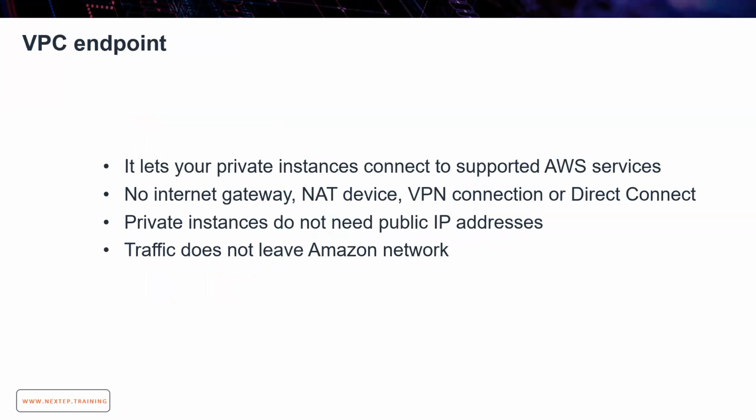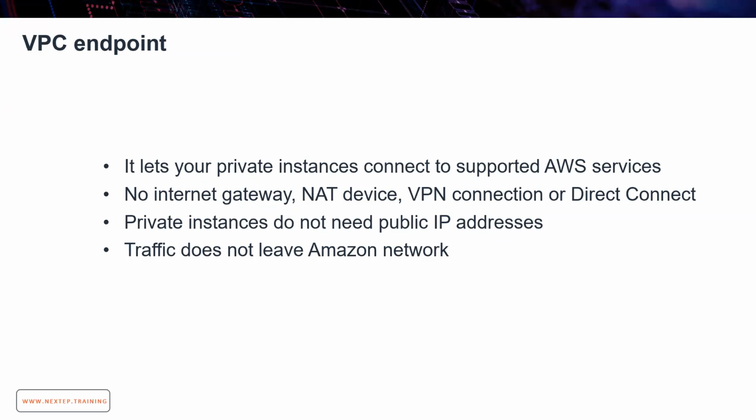So there is another concept called VPC endpoint. You have your private instances in your private subnet. We looked at how our app servers are in private subnet and our web servers are in public subnet.